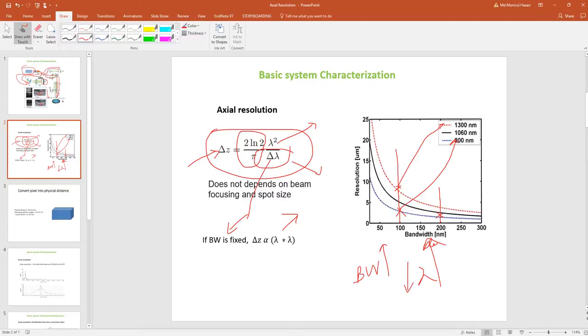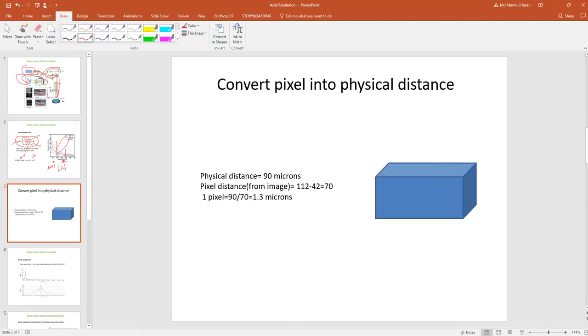For example, in our lab we have an 800 nanometer setup. So lambda is 800 nanometer and del lambda is 170 nanometer. What del z do we find?